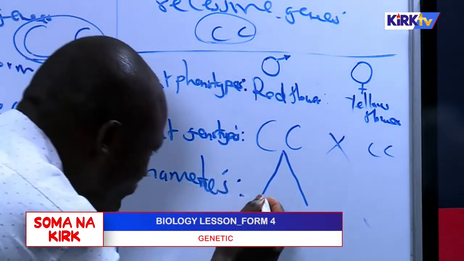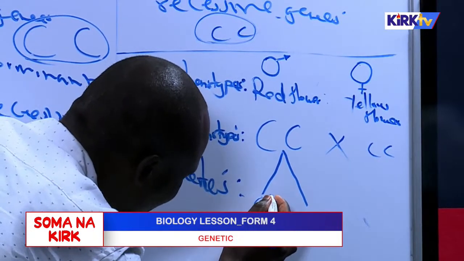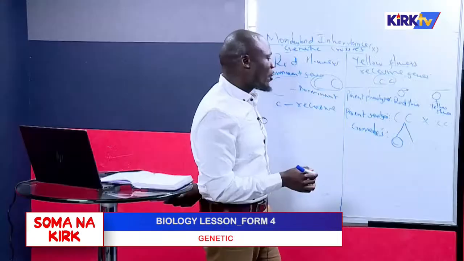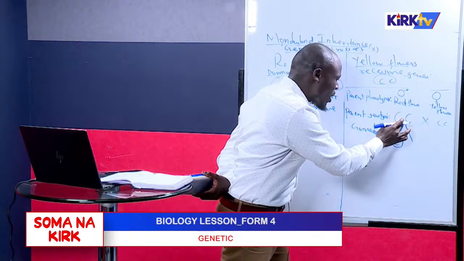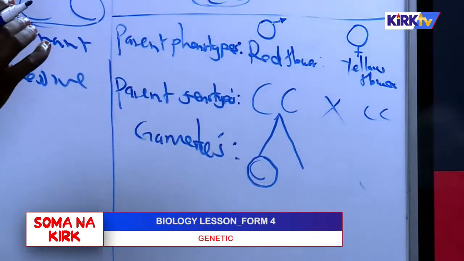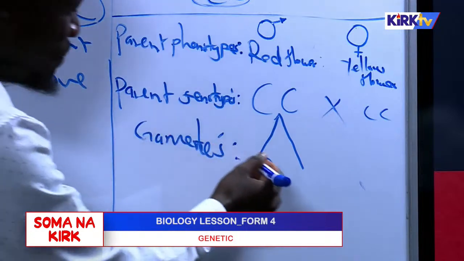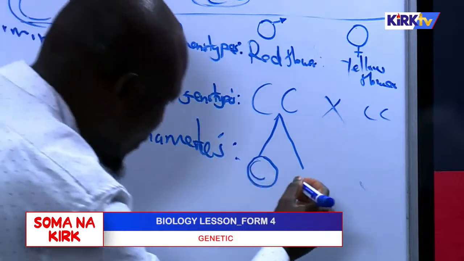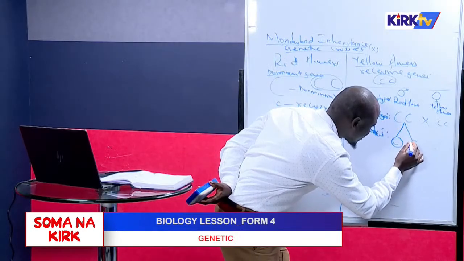So we are going to have capital C at this point, but we circle it. As you circle it, ensure that this line that is showing the separation of these genotypes must touch the circle where we have our gamete. Then another capital C at this point, and we circle it.